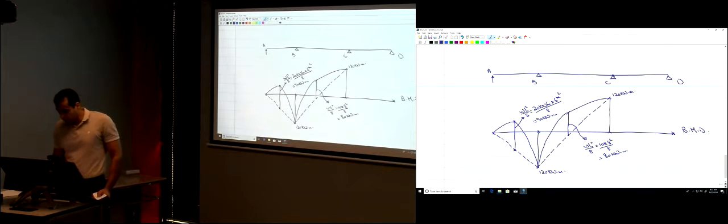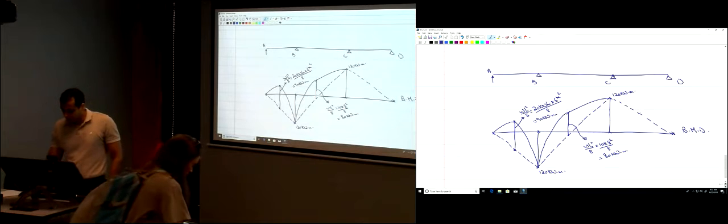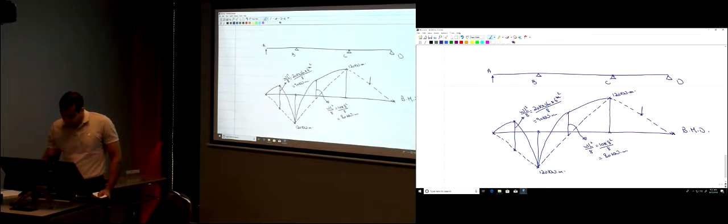Now, the third part here, from point C to point D, again, there is a parabola. How to draw the parabola? You draw a dotted line. That's the reference for you, okay, to draw your parabola. So you're actually adding the parabola to this line. You're adding a parabola of what height? WL squared divided by 8.